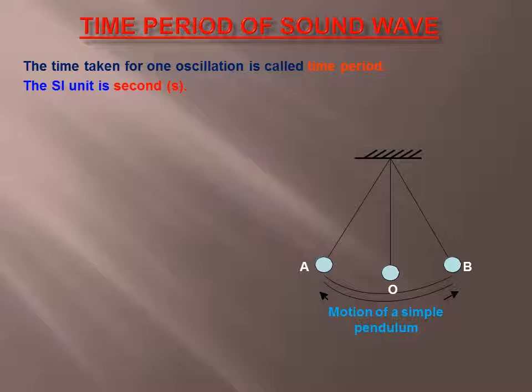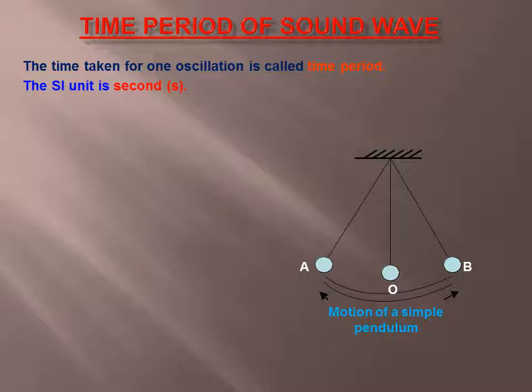That means from A to B and back again is one complete oscillation, and this is called the time period of a vibrating or oscillating body. The SI unit is second, or s. If the duration is much smaller we use fractions of a second, and if it is higher we can take minutes.